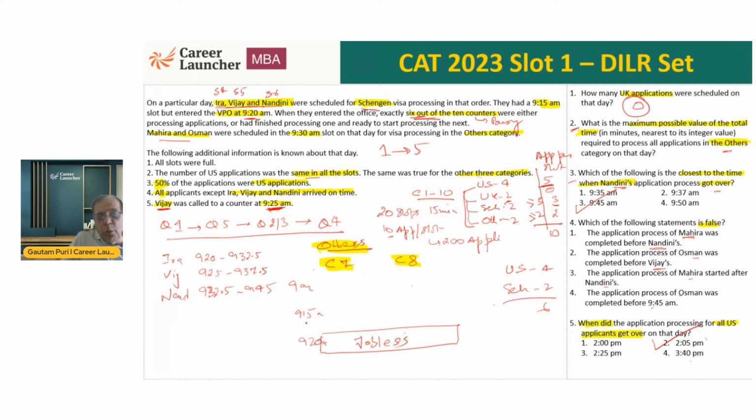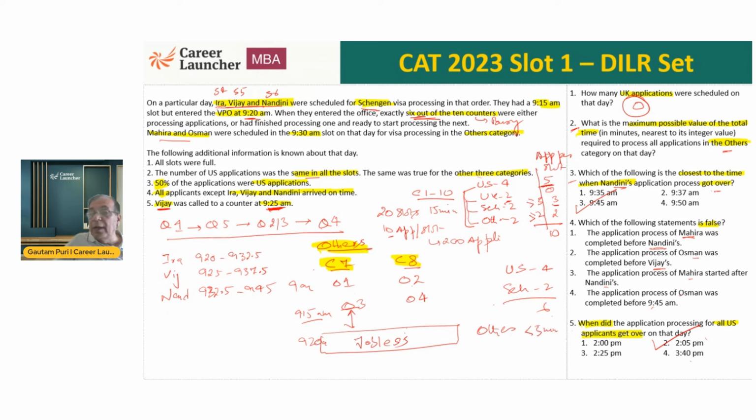What does it mean? The 2 people who came at 9:15 a.m. were taken care of in less than 5 minutes. That means both of them would have been taken care of in less than 5 minutes. So what does it tell me? As far as others are concerned, the processing time is less than 5 minutes.